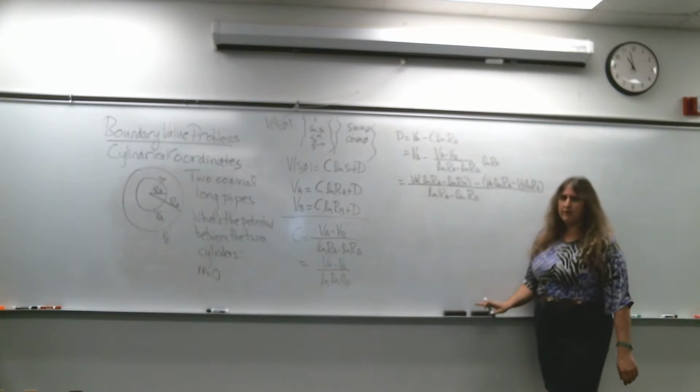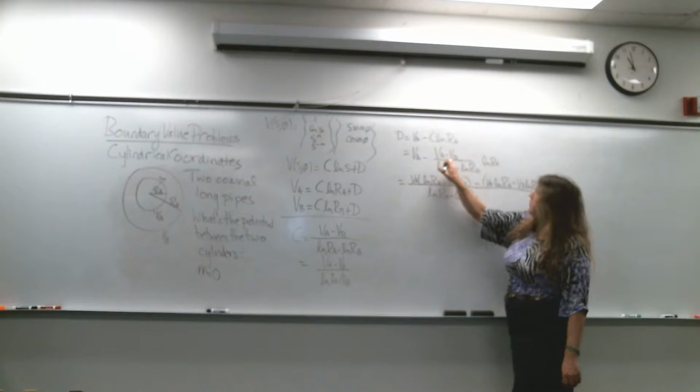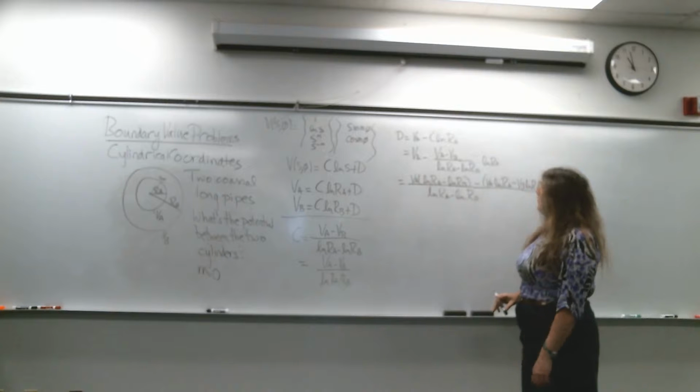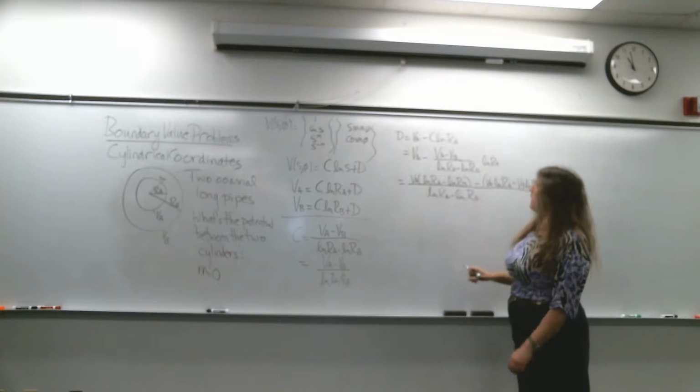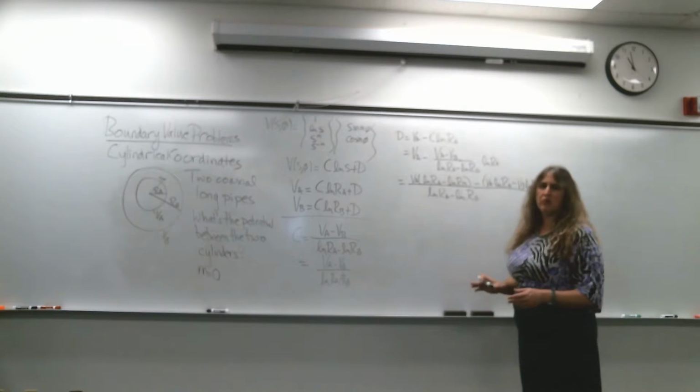So let me read this off. D is equal to VA minus VB over natural log of RA minus natural log of RB, times natural log of RA. So that's my solution, but I'm going to write it in a little bit more symmetric form.